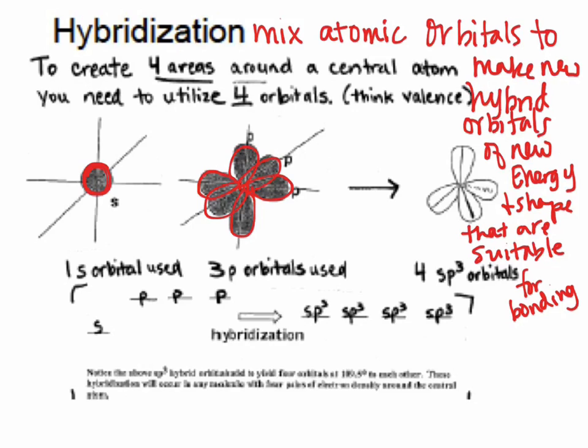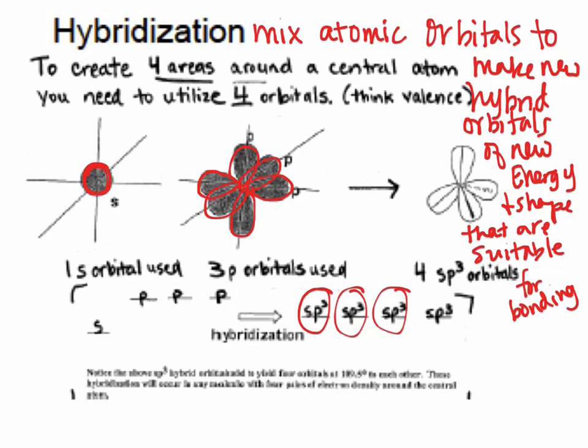The s and the p's come together and make new hybrids. With one s orbital and the 3 p's, we end up getting 3 sp3 orbitals, using all three of those p's and that s.